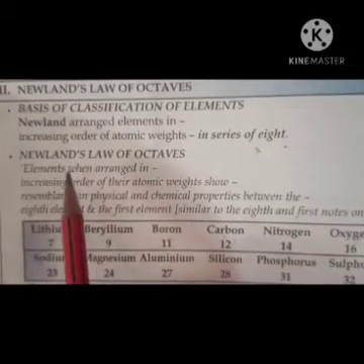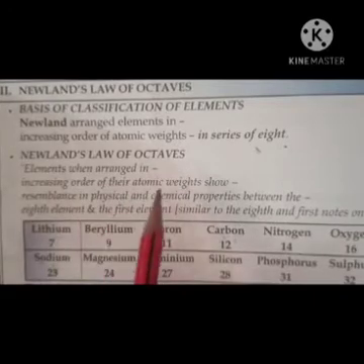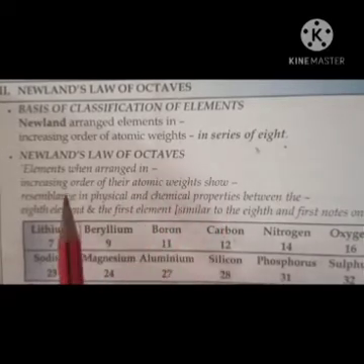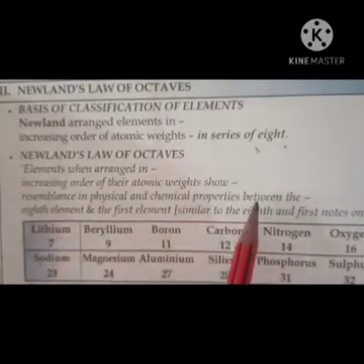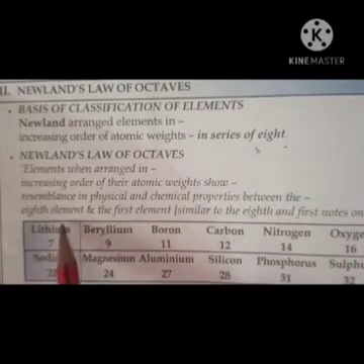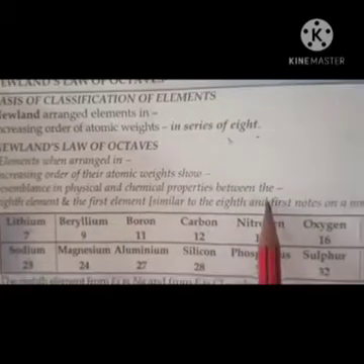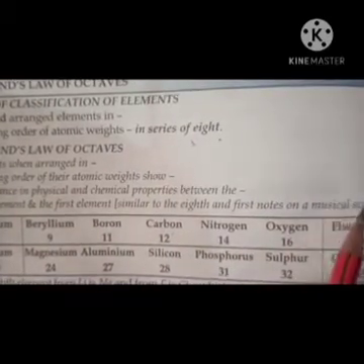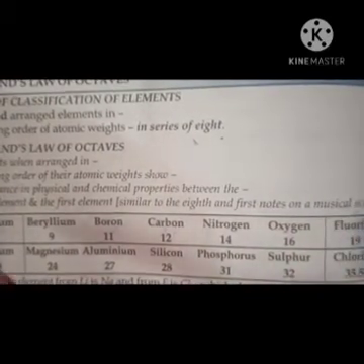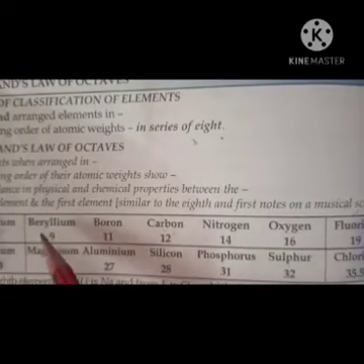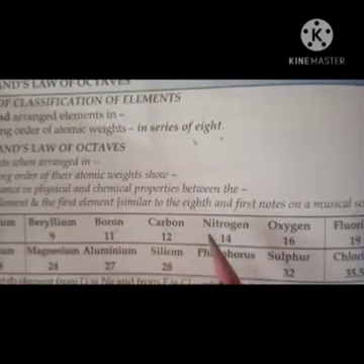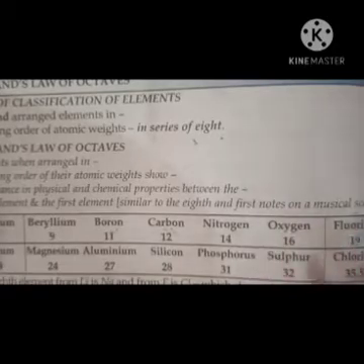Now what was his law? He showed that elements, when arranged in increasing order of their atomic weights, show resemblance in physical and chemical properties between the 8th element and the first element, just similar to the 8th and the first note on the musical scale. As you know, sa, re, ga, ma, pa, dha, ni, sa, the first and then again sa is coming.